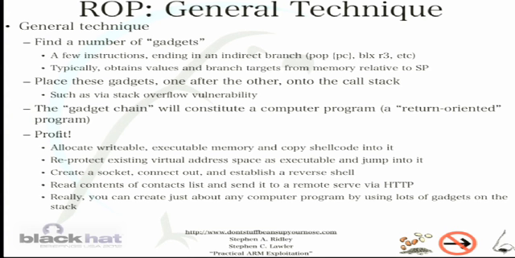And each gadget basically has to do something useful. What does useful mean? Well, it means useful to you, the exploit developer, and it has to have an indirect branch. And usually it has to be, say, at most 7 to 10 instructions before it does the indirect branch.